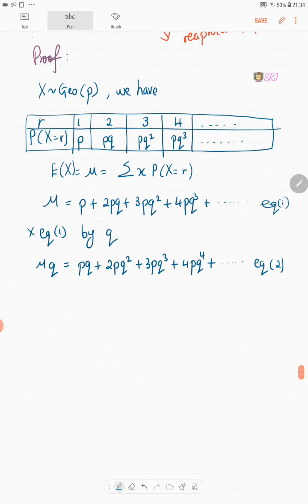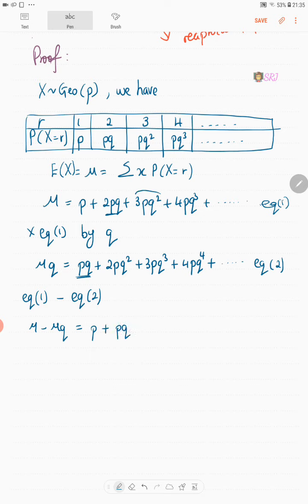Next step, we take equation 1 and subtract equation 2. By doing so, we obtain mu minus mu q on the left hand side, and on the right we have p. In the second equation, we have no term in p alone, so it's p minus 0. Next we have 2pq minus pq, which becomes pq.